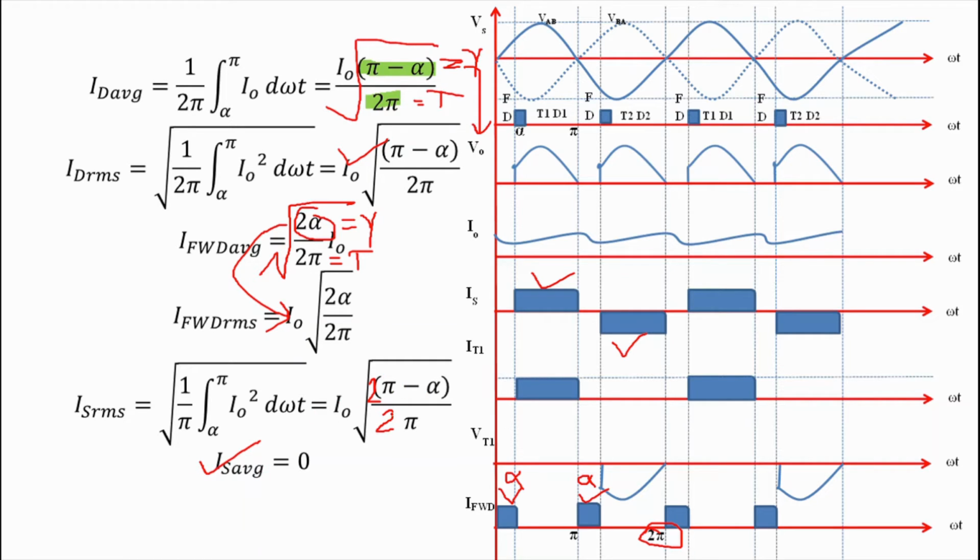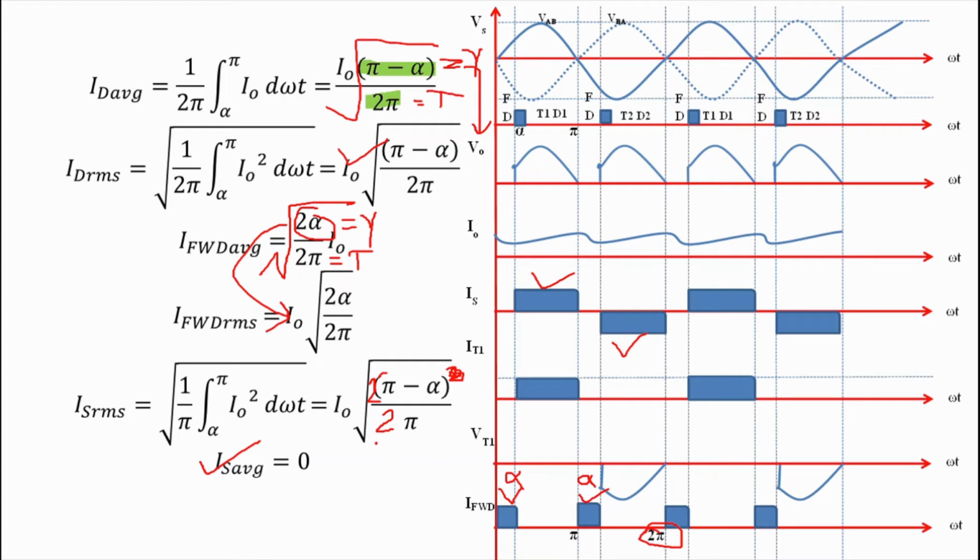On squaring this negative side waveform, that is for period pi minus alpha and its value is minus I naught, it will also become positive. So we can write RMS value directly as under root of 2 times (pi minus alpha) upon 2 pi, and multiply it by I naught. So we get under root of (pi minus alpha) upon pi into I naught.